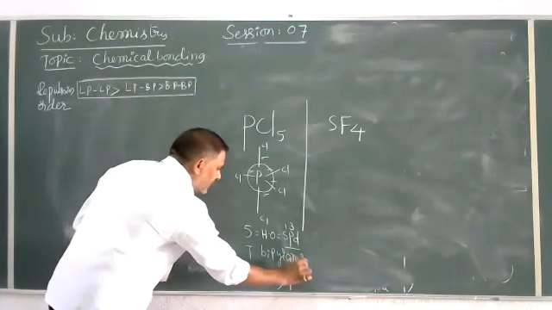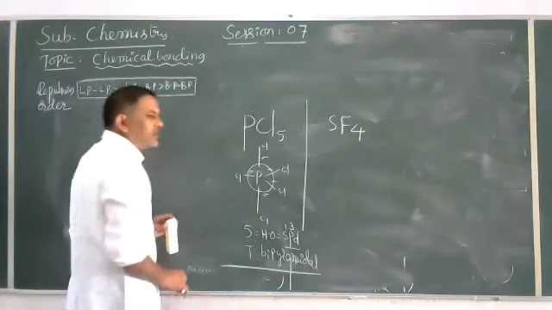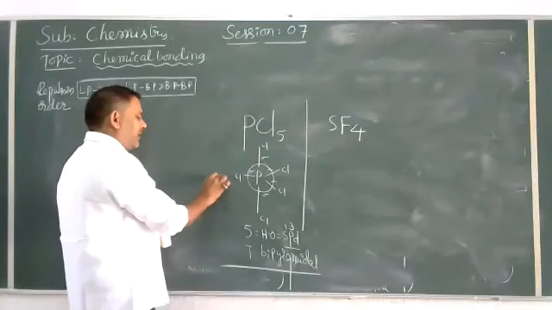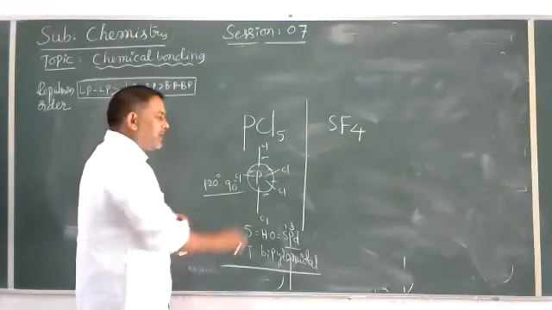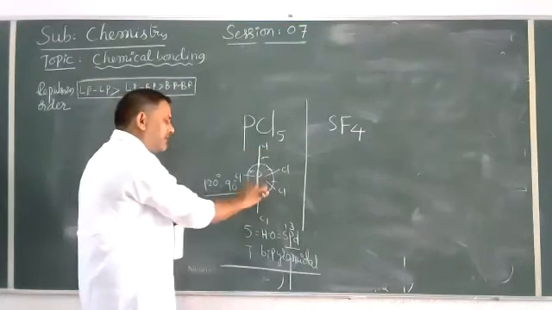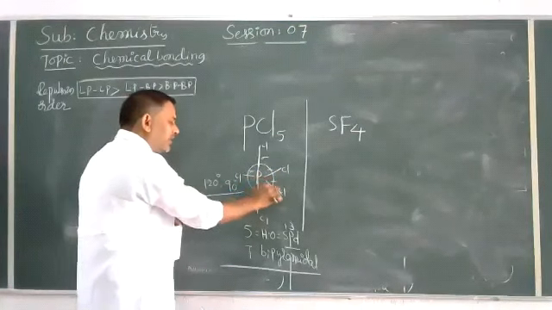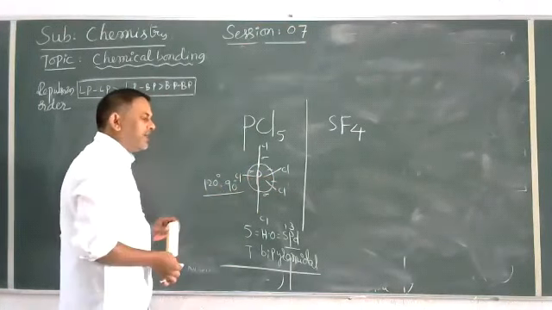Here two important angles are there: 120 degrees and 90 degrees. This is the axial and these are the equatorial positions, with 120 and 90 degree angles.